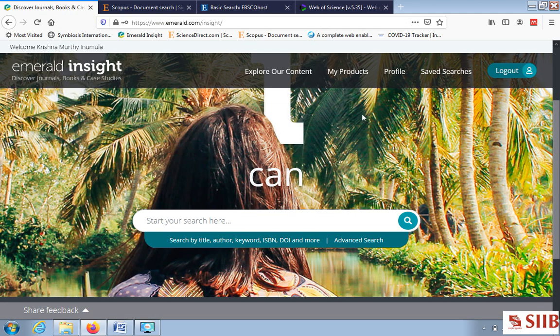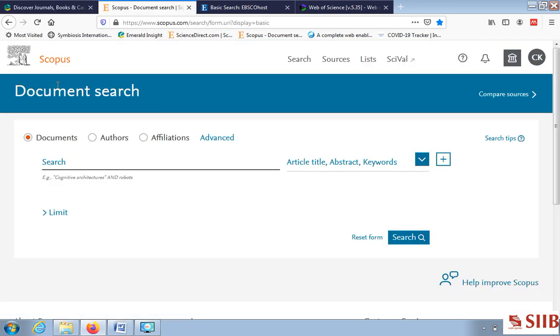So Emerald Insight is the database which is having a huge collection of different research articles, name it from art, science, social science, engineering, etc. So you will find many of the research articles in this broad database. Scopus, it is the product of Elsevier. As you can see the tree, this is a symbol for the Elsevier. Nowadays Scopus publications got a lot of attention in the academics.